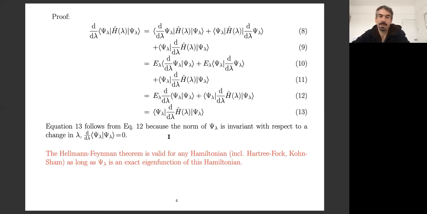So this theorem is valid, for instance, for the electronic Hamiltonians that you have in Hartree-Fock theory, or also in Kohn-Sham theory in DFT, right? The only condition is again that psi lambda is an exact eigenfunction of that Hamiltonian. All right.